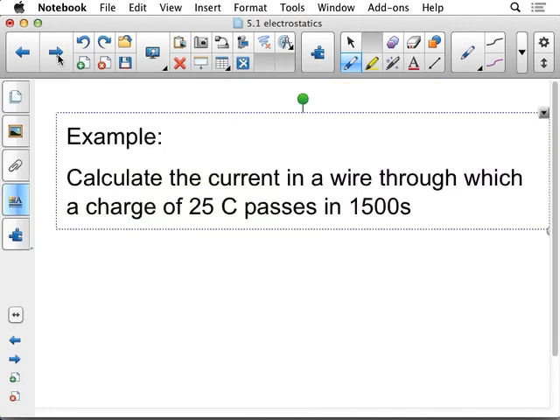Okay, do this one. Calculate the current in a wire through which a charge of 25 coulombs passes in 1500 seconds. Not a difficult one.